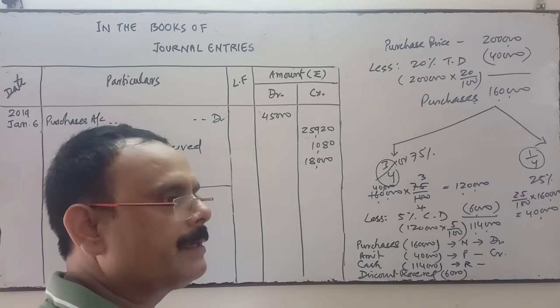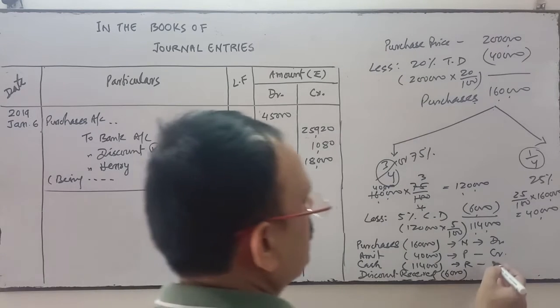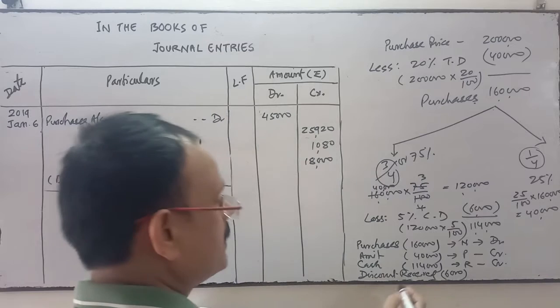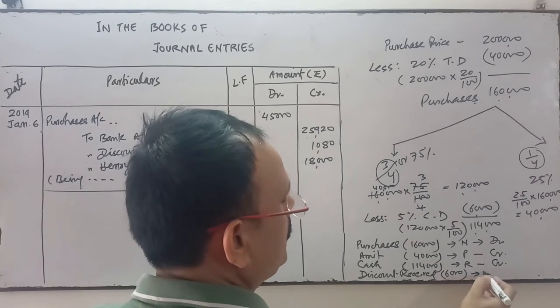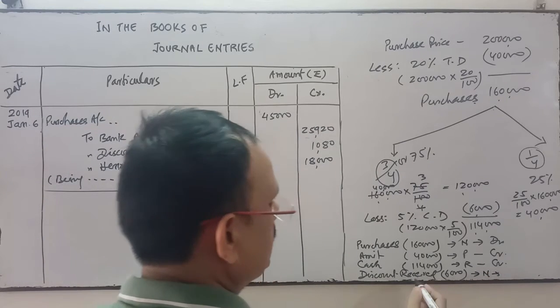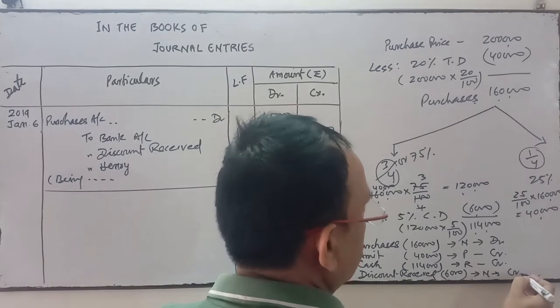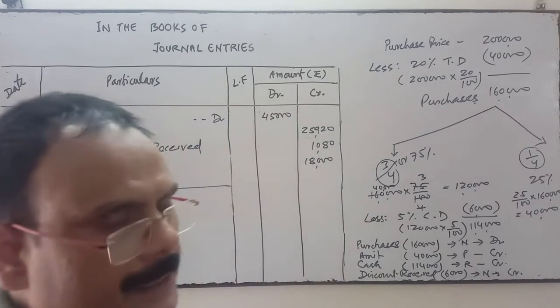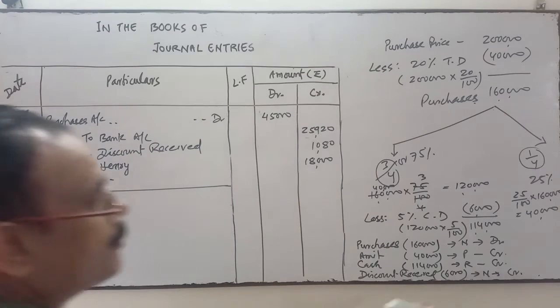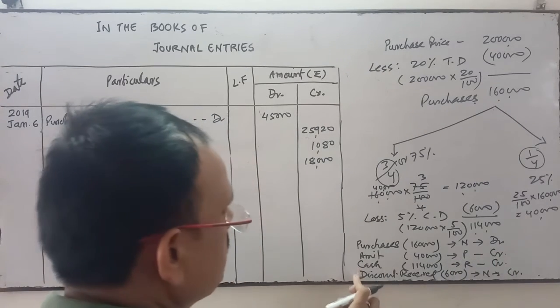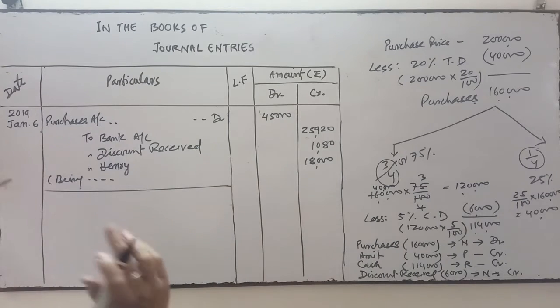When we do the payment, obviously cash goes out from the business, credit. Discount received comes under nominal account, and it is an income. All incomes and gains are credited, and all expenses and losses are debited. So 3 accounts are credited, Amit, cash and discount, and only purchase will be debited.